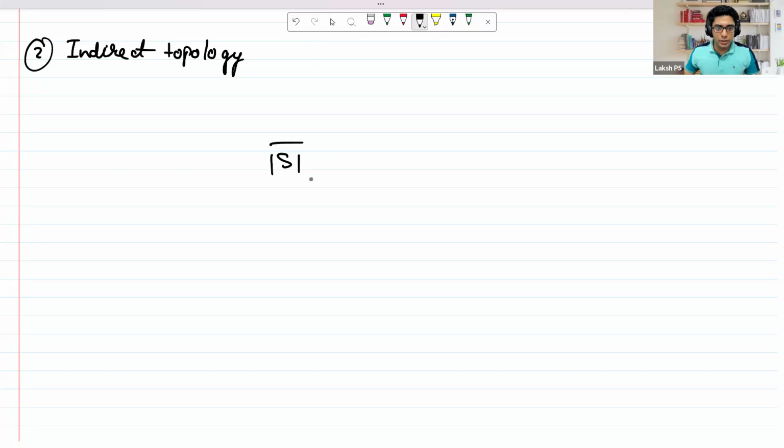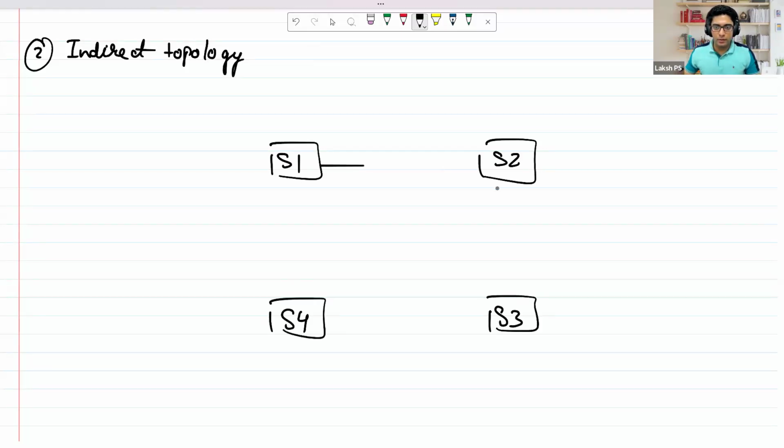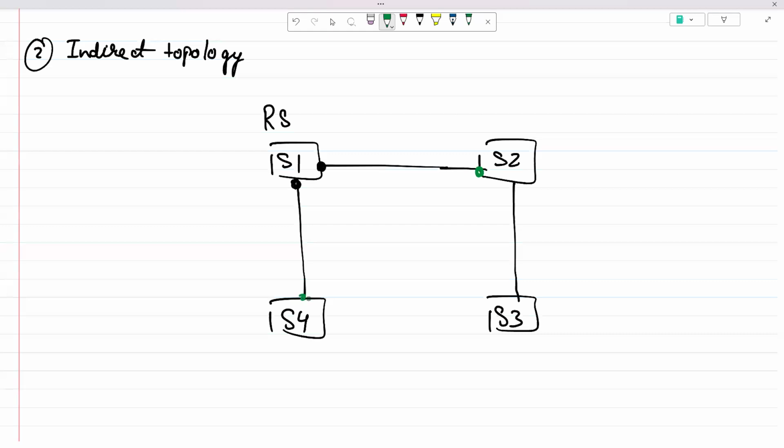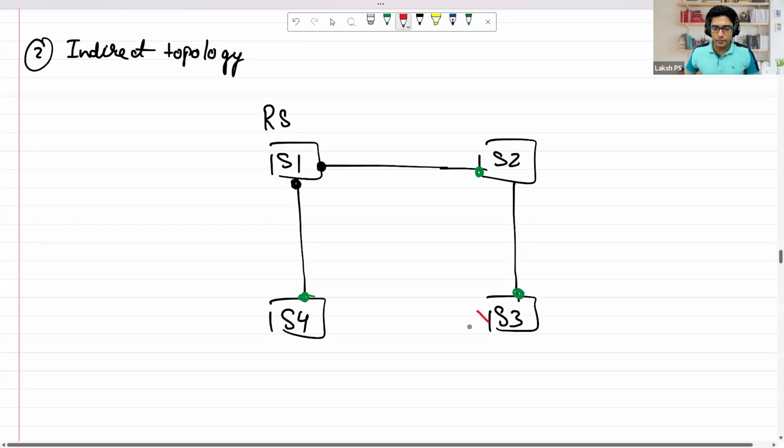Check that. Switch number 1, switch 2, switch 3, switch 4. Root switch, root port, designated port.